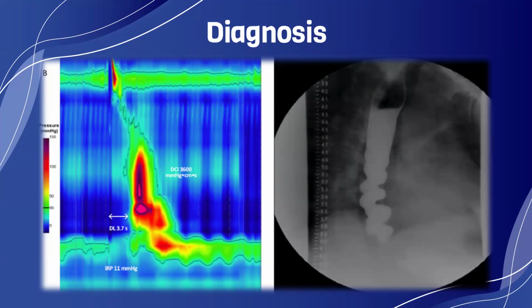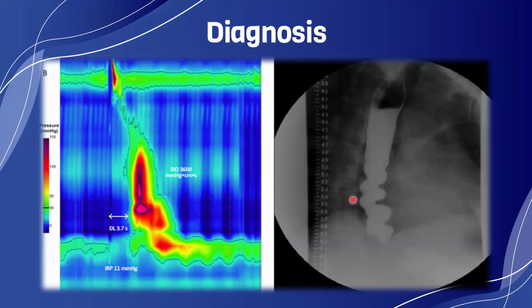According to the Chicago classification, it is defined as the finding of premature contraction, and as we can see over here, the distal latency is less than 4.5 seconds. Over here, it is 3.7 seconds, in at least 20% of wet swallows. Also, the lower esophageal sphincter relaxation is less than 15 mmHg over here.